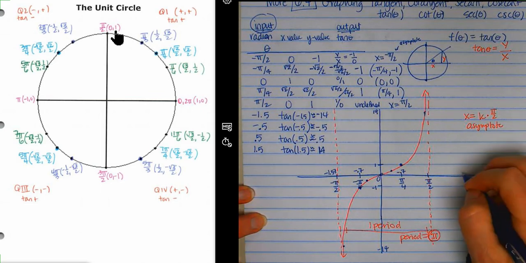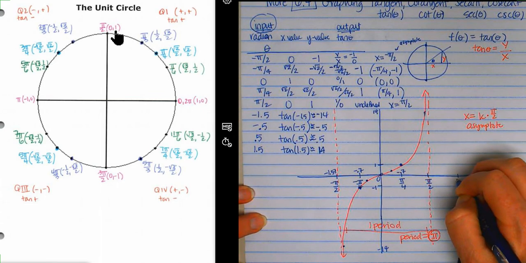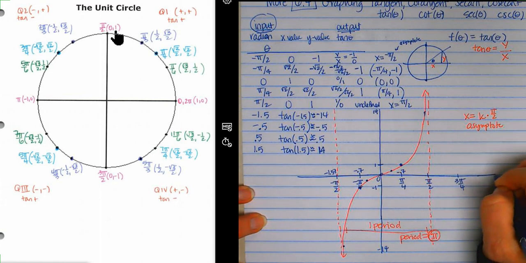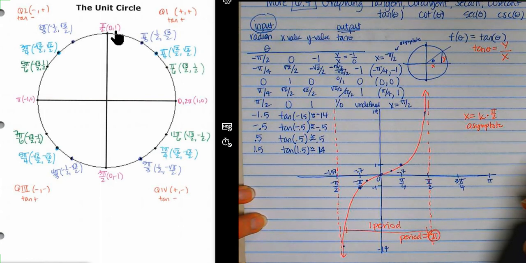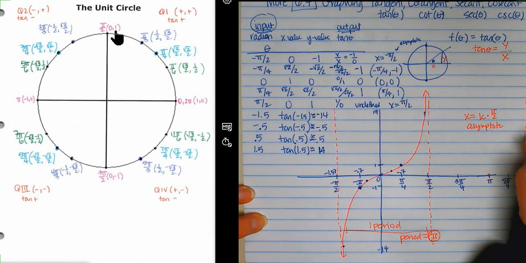The pi over 2, we have 3 pi over 4, and then we have pi. And then we have 5 pi over 4. I'm going to squeeze this in, and then we have 3 pi over 2. We have the same shape. Again, there will be an asymptote here.